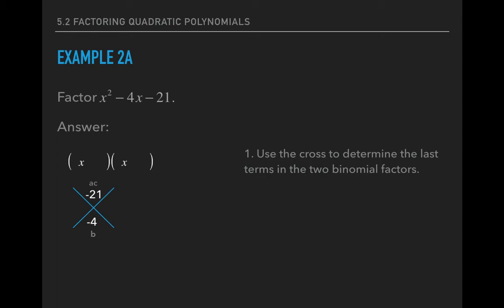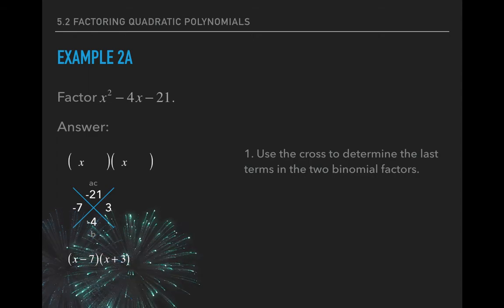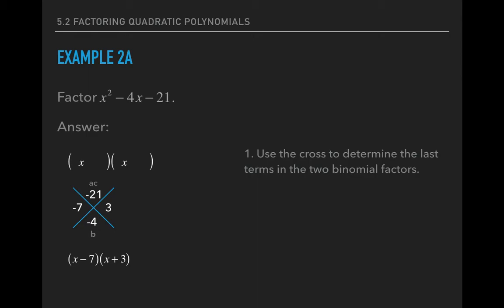It gives you -21. That's your c value. Okay, so what multiplies to give me -21, but adds to give me -4? Well, those numbers are -7 and +3. Those are the numbers that would complete your binomial factors.